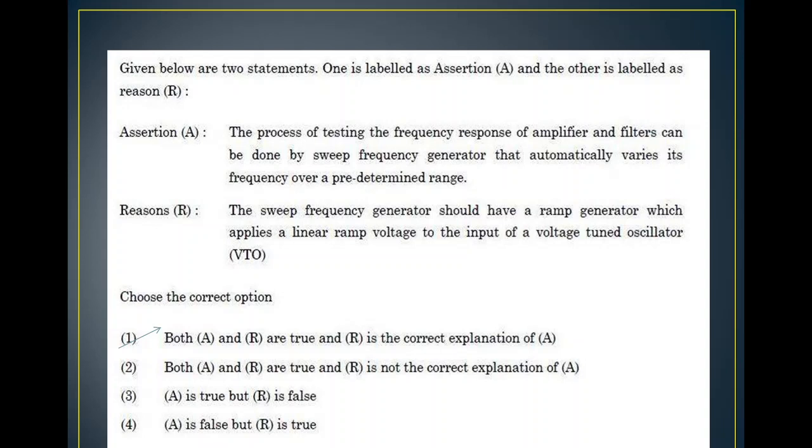Option first, both A and R are true and R is the correct explanation of A. Option second, both A and R are true but R is not the correct explanation of A. Option third, A is true but R is false, and option four, A is false but R is true. And the correct answer is option first, both A and R are true and R is the correct explanation of A.